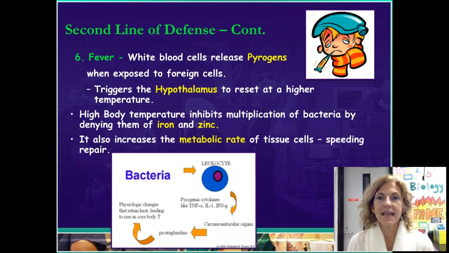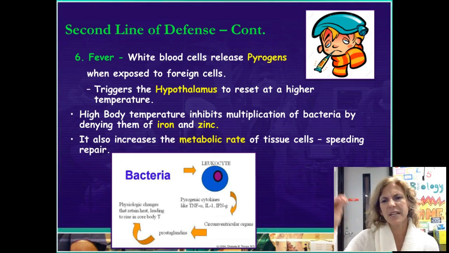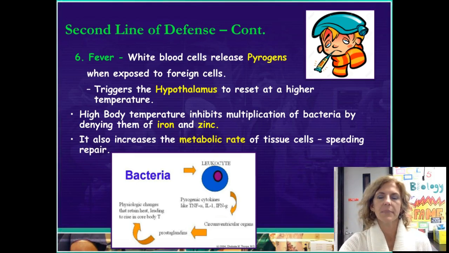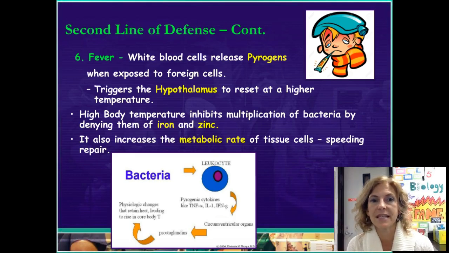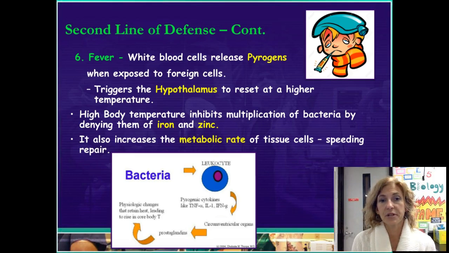So what happens, that pyrogen moves up into the brain, and the hypothalamus, which is in charge of our temperature, our thermostat, gets reset so that it thinks the normal temperature is higher than 98.6. So your body temperature rises until it reaches what the hypothalamus thinks is normal at that point.